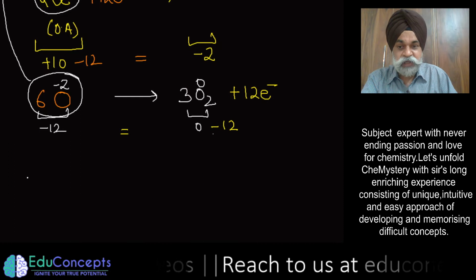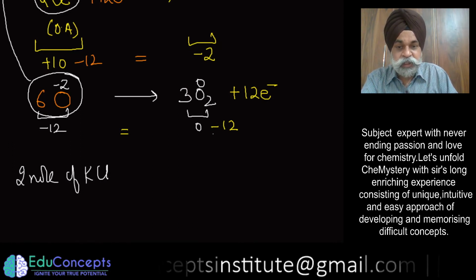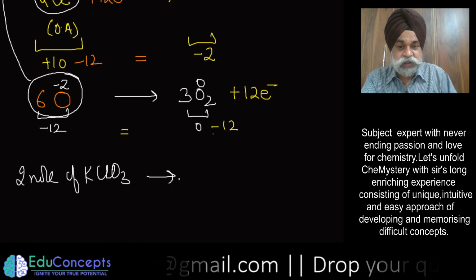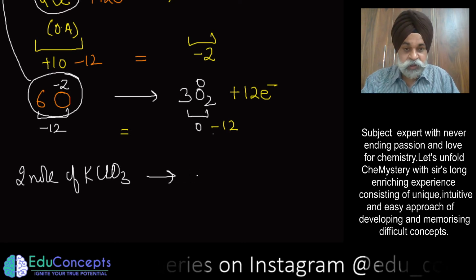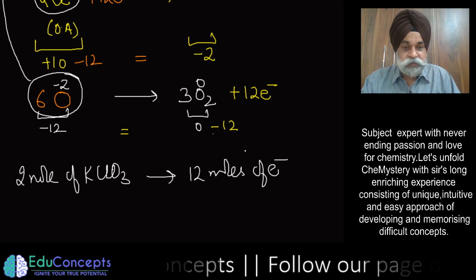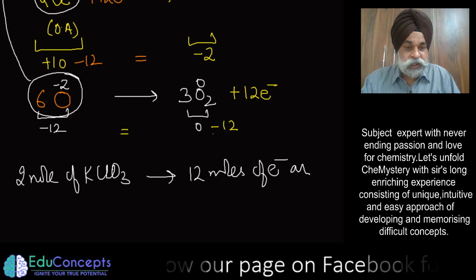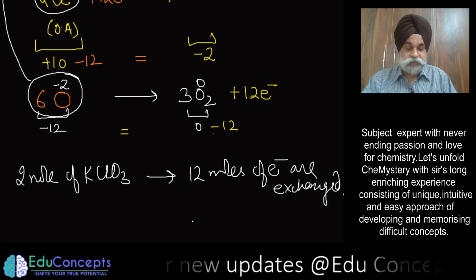So now if I say 2 moles of potassium chlorate during thermal decomposition is exchanging 12 moles of electrons. 12 moles of electrons are exchanged among 2 moles of potassium chlorate.